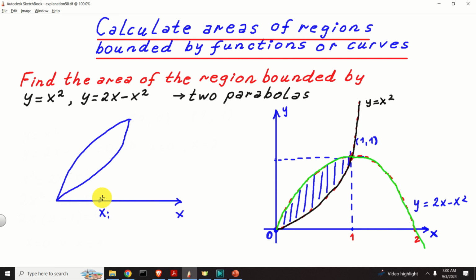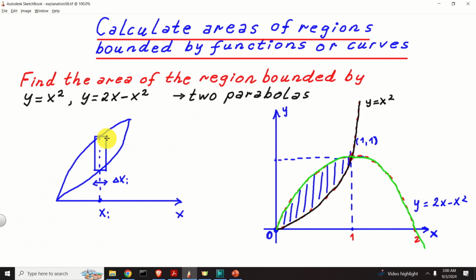We can construct a small rectangle. Here it is. This is a very small rectangle. That is, the width of this rectangle is small. And let's denote the width of this rectangle over here as delta xi.